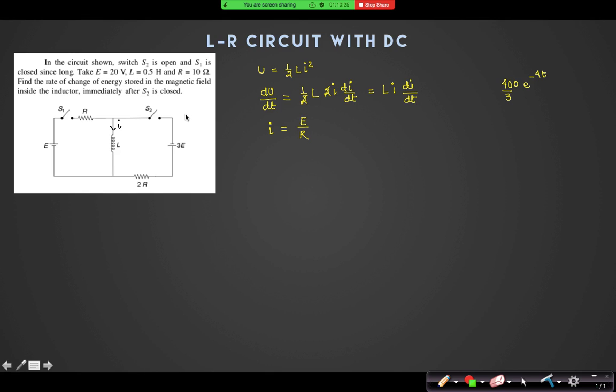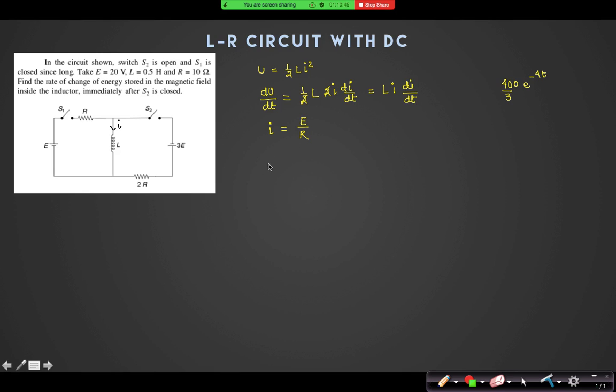Rate of change, but it should not be a function of t. At t equal to 0, you have to calculate. So at t equal to 0, your answer is 400 by 3 actually. Right? I do not have to find the function of time here. The question is asking only the rate of change.